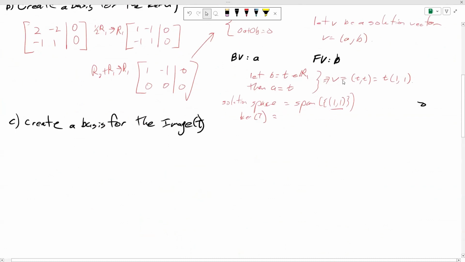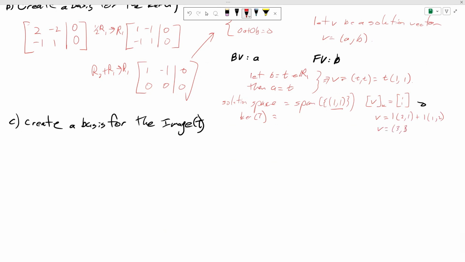So my V1 represented using alpha corresponds to this (1, 1) vector. So what will my V equal? My V is going to equal 1 times (2, 1) plus 1 times (1, 2). So V is going to equal (3, 3).